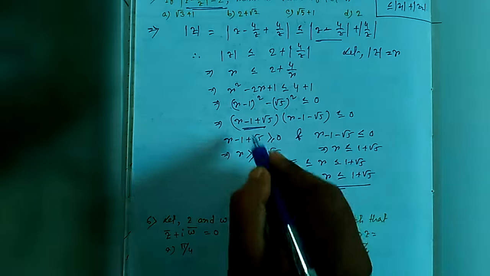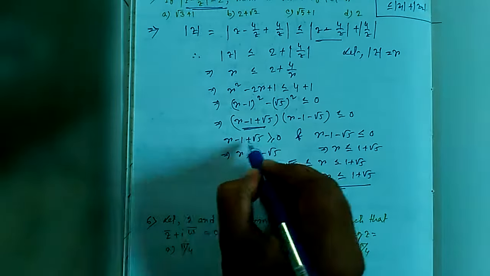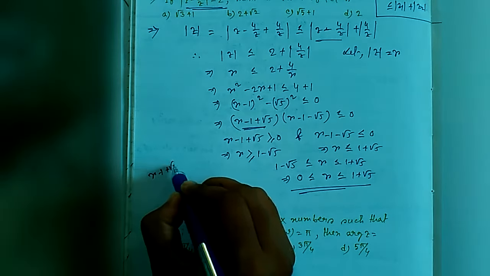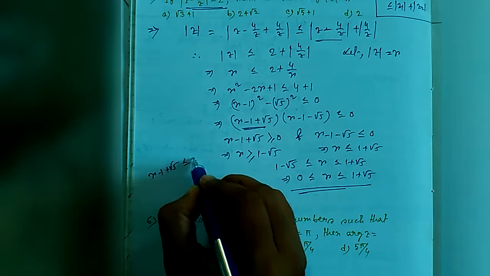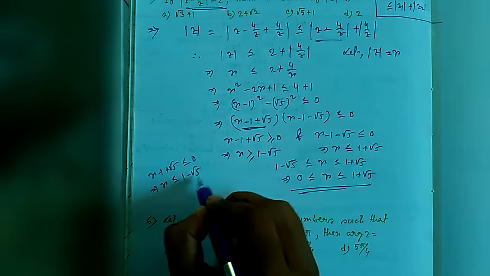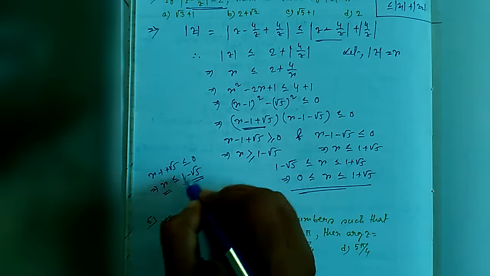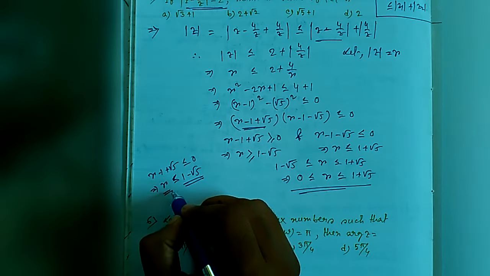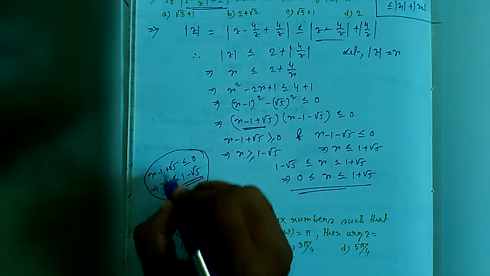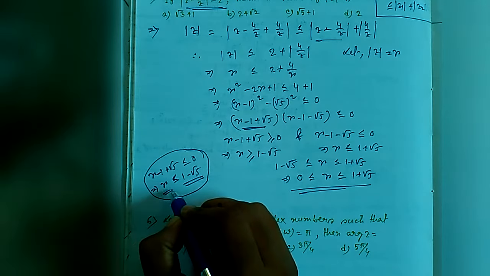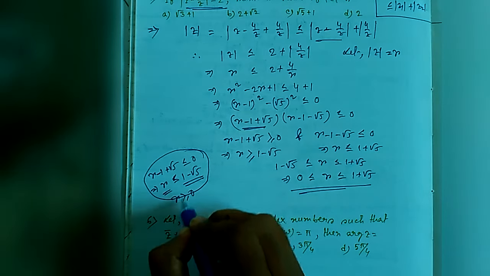Okay, again if we take here r minus 1 plus root 5 less than or equal to 0, that implies r less than or equal to 1 minus root 5. This is negative, and r is also less than this, so this case is not acceptable, as we know r is always greater than or equal to 0.